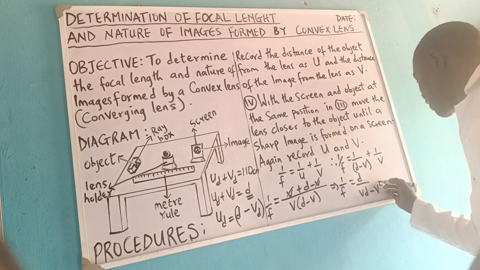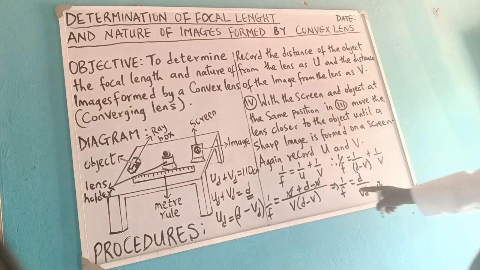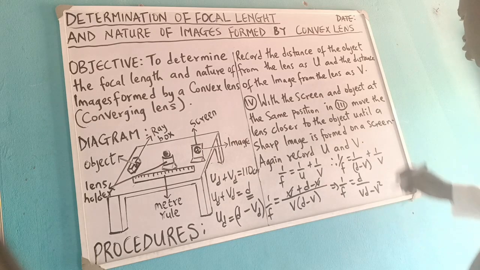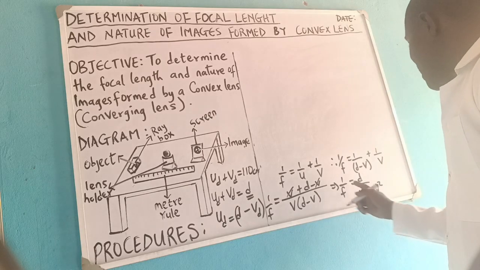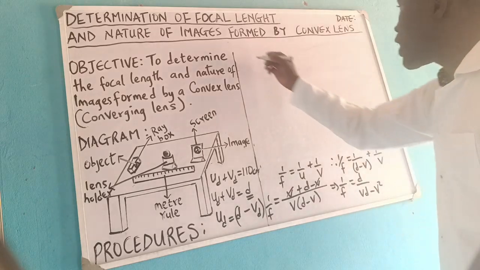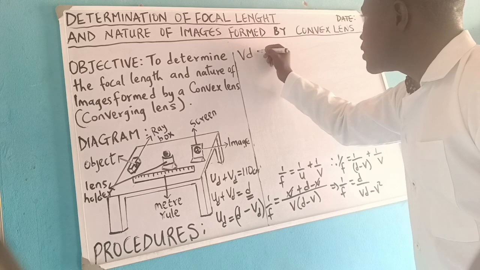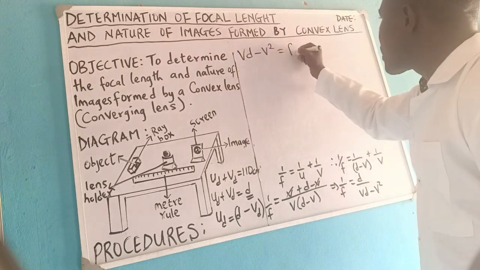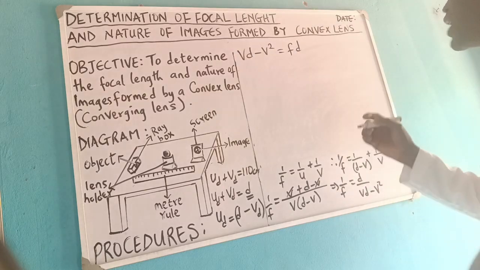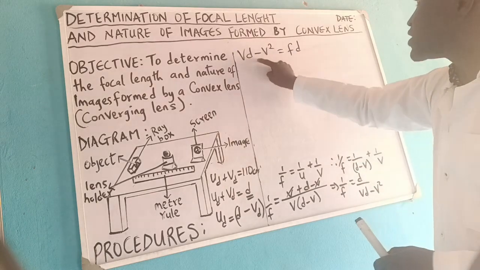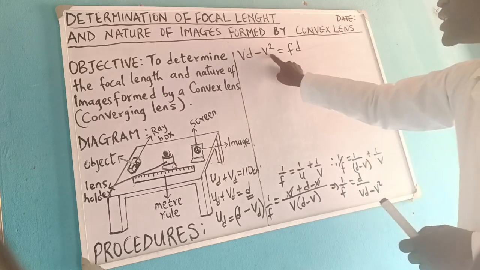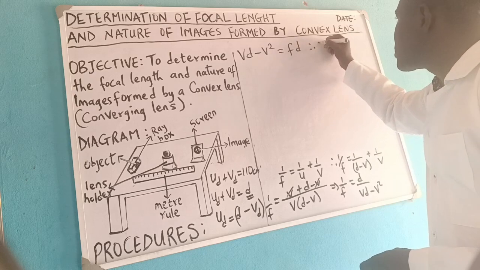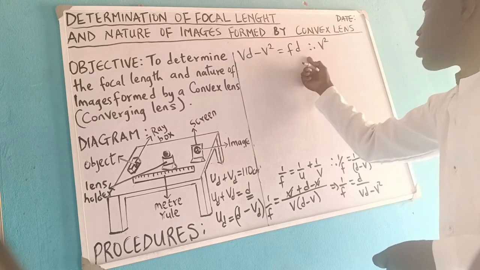That is taking you to another part now. As you can see here, when you cross multiply, 1 times vd minus v squared, you have vd minus v squared equals f times d, which gives fd. Now see what you do. Take everything to one side of the equation so that this v squared will be positive. So v squared, when it comes here, becomes plus v squared.